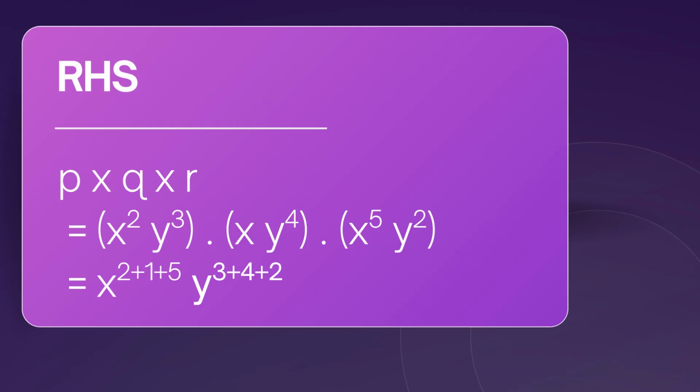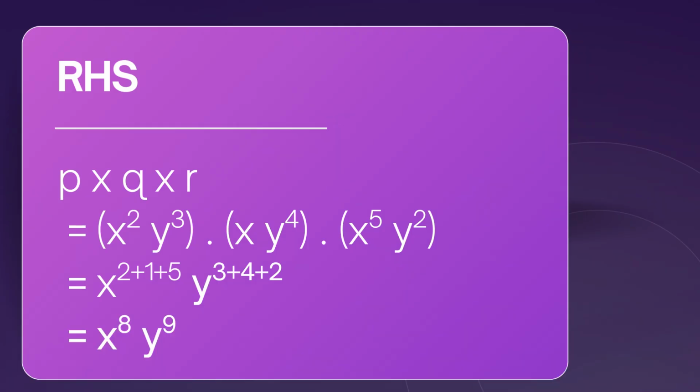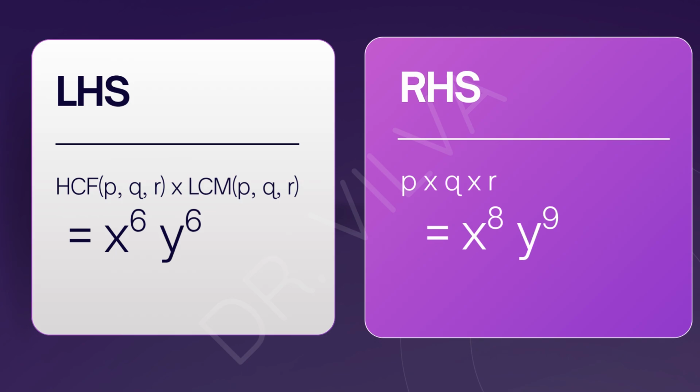For x, 2 plus 1 plus 5, which is 8. For y, 3 plus 4 plus 2 is 9. That gives us x power 8, y power 9. Look at that. LHS part is x power 6 times y power 6, whereas RHS part is x power 8, y power 9.